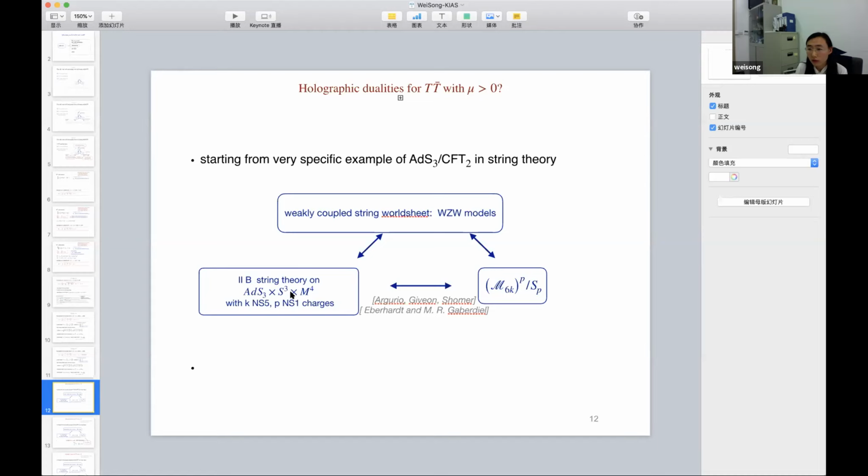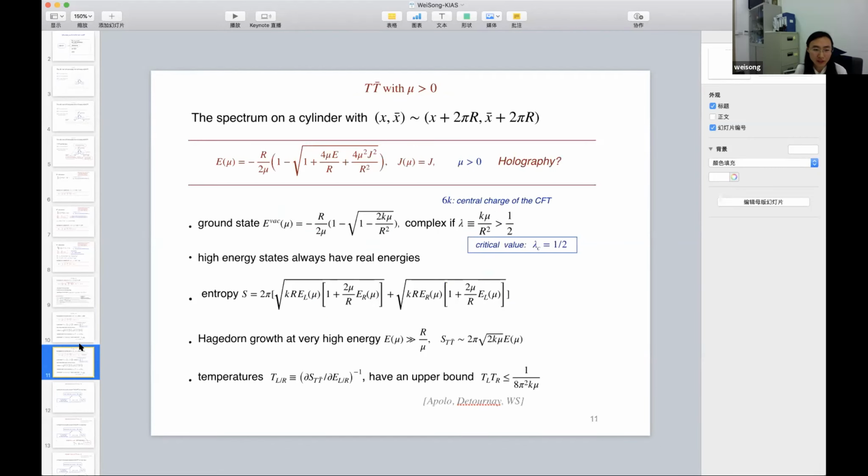Hello? Can I ask a question? So in this proposal, the TTbar is a single trace deformation, right? I mean, you have to sum over the symmetric orbifold copies, right? Yes, I will talk about that later. Okay. So my question is whether it's possible. In the previous case that you were discussing, when mu was negative, that was a double trace deformation.